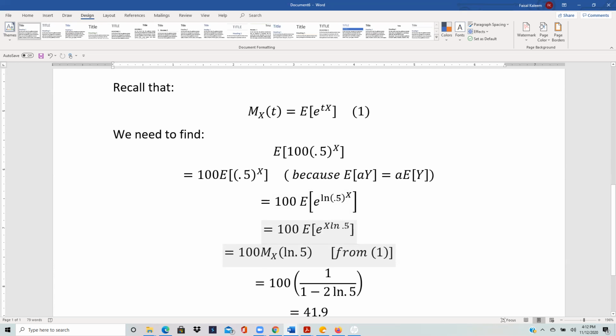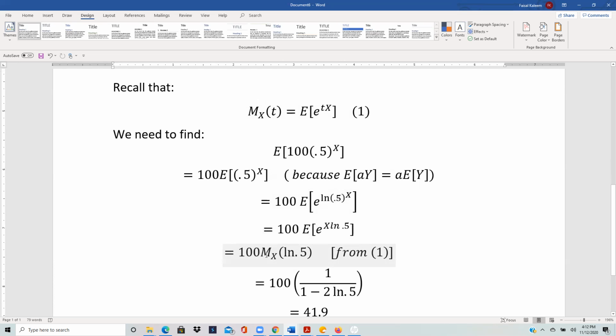So ln 0.5 is playing the role of t. Therefore we can say that this is equal to M_X of ln 0.5, because M_X of t was e power tx. So M_X of ln 0.5 would be e power ln 0.5 times x, which is what this is.